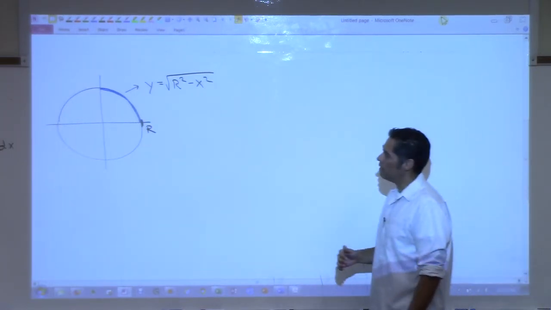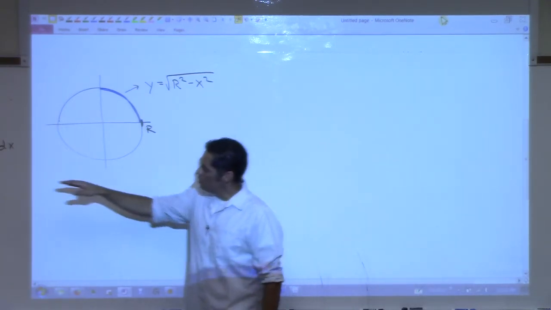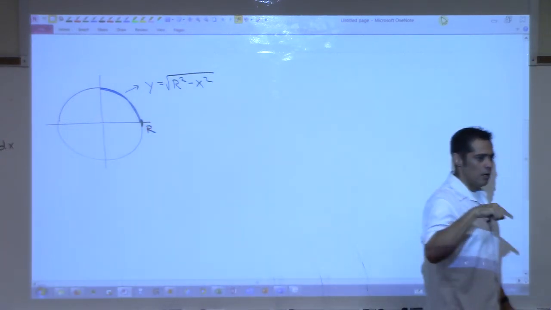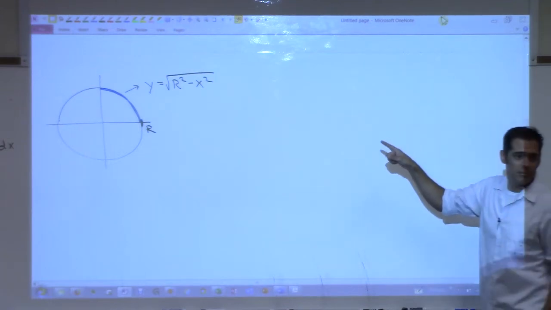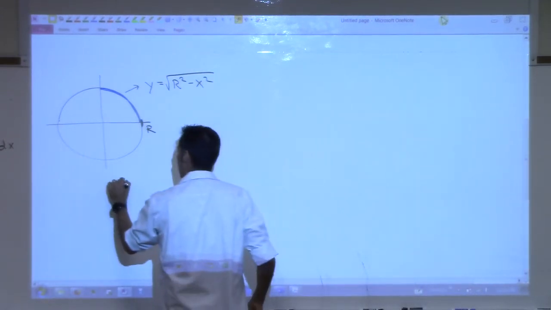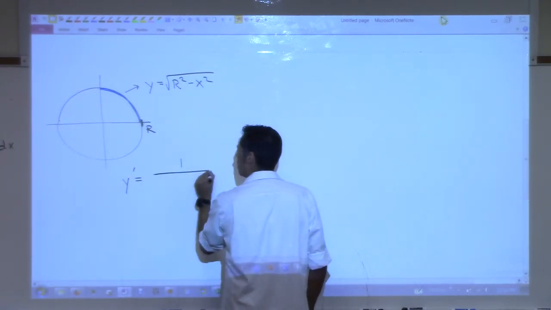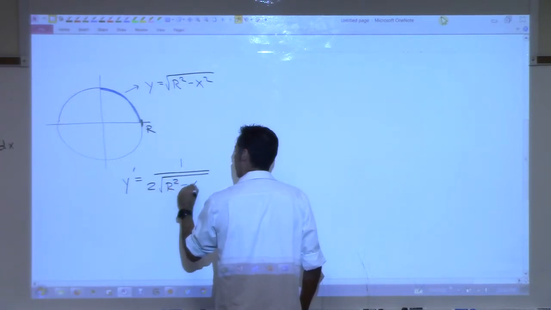If I'm going to do the arc length formula, what's my integral going to go from? So this right here is going to go from 0 to capital R, and then it's the square root of 1 plus the derivative of that thing squared. So I've got to take the derivative of that. All right, here we go. Derivative of the square root of anything is 1 over 2 times the square root of that anything, whatever was there.